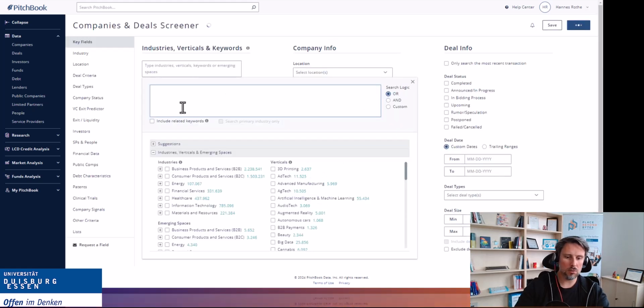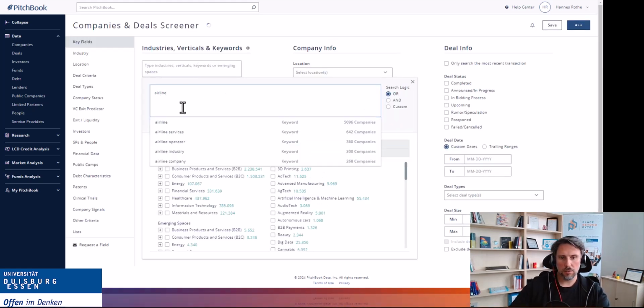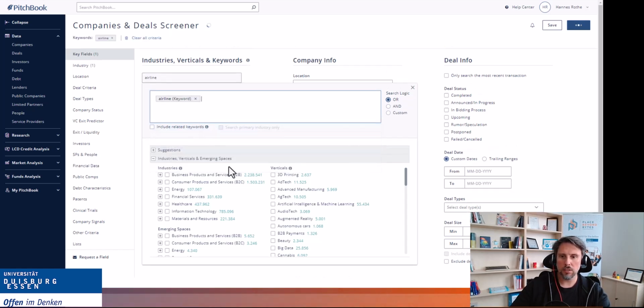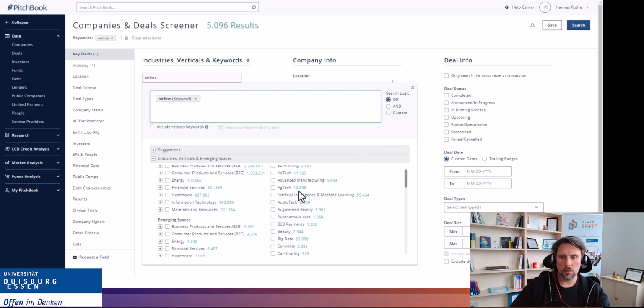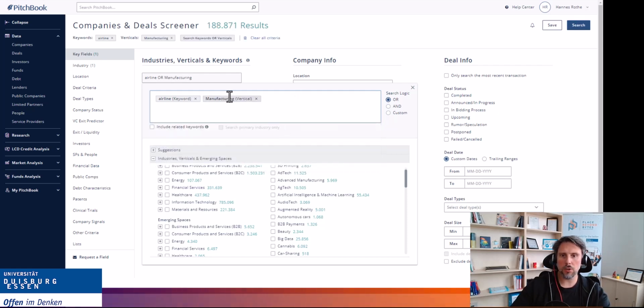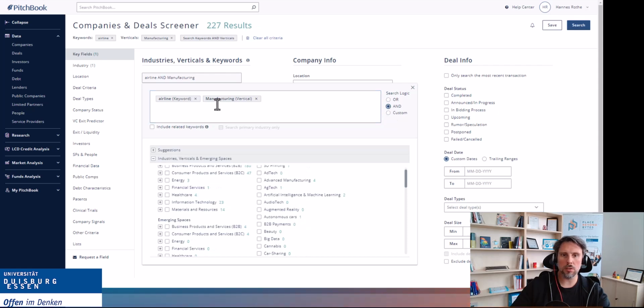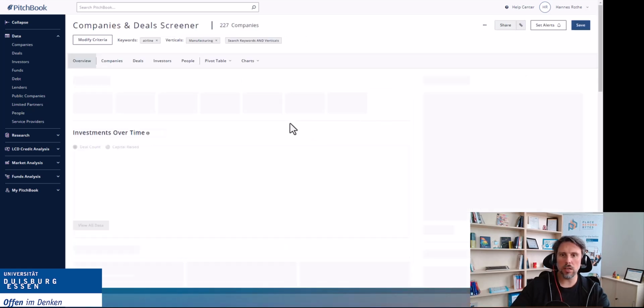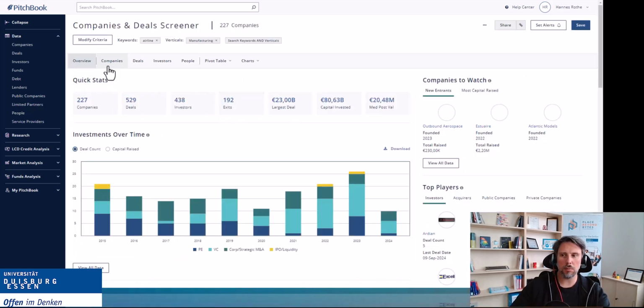We can look into airline, and then maybe manufacturing. Here it's a vertical. Vertical means industry, and we do it as an and, so it has to be airline and manufacturing, so it's 227. Let's say we want to sell to airline manufacturers.